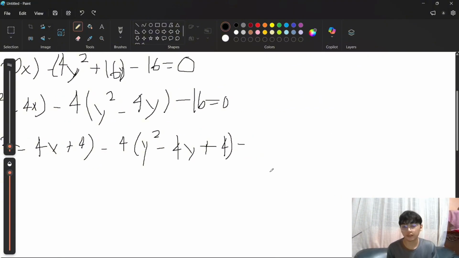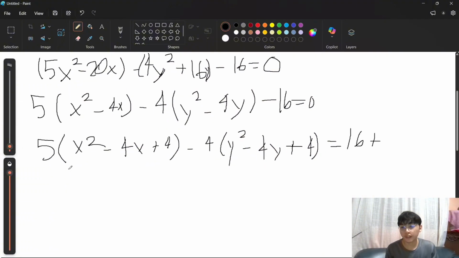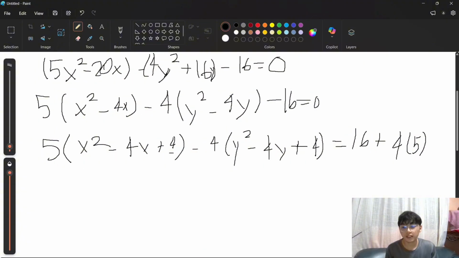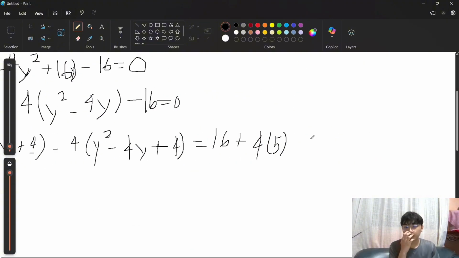Let's move the constant term to the right hand side. The blank that we put here is going to be 4 times 5 because of this, and let's do the same here, so this should also be 4 times negative 4.